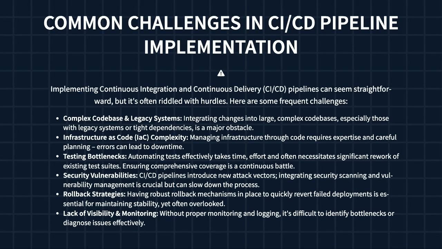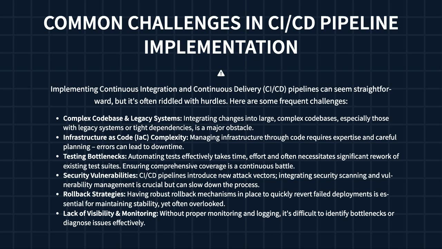Okay, so let's talk about some real-world difficulties when setting up CI/CD pipelines. A huge challenge often comes from dealing with really complex code bases, especially if they have old parts or a lot of interconnected systems. Then there's the whole thing of managing our infrastructure through code itself, that requires a good understanding, and mistakes can seriously disrupt things. We also run into issues with tests.